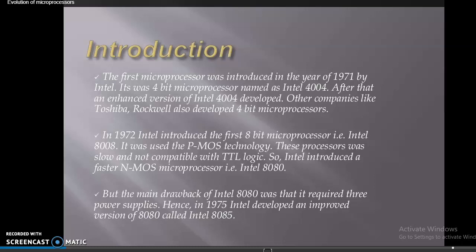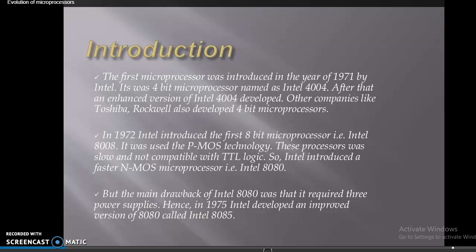Nowadays we are using 64-bit computers. 4 bit means the CPU can process 4 bits of a word at a second. Like that, 8 bit means a CPU can process 8 bits at a second. Like that, microprocessors developed the speed of computing systems.